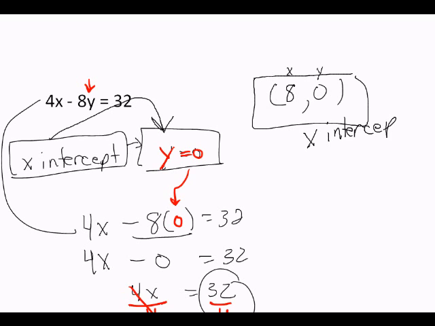Let's do the exact same problem, except we're going to find the y-intercept this time: 4x minus 8y equals 32.